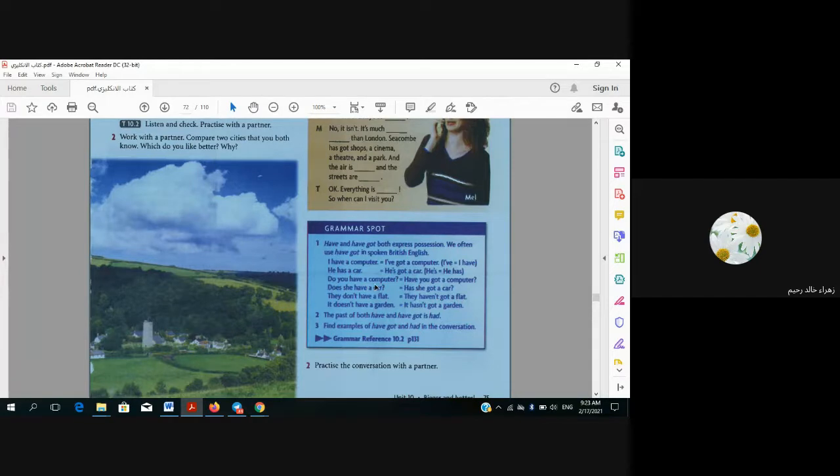Do you have a computer? Have you got a computer? Does she have a car? Has she got a car? They don't have a flat. They haven't got a flat. Both of them are ways of asking about possession.